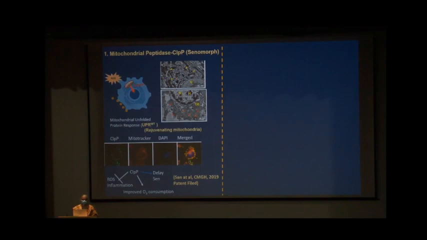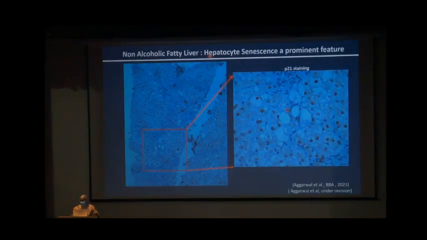We now have a stable cell line, and if you treat it with hydrogen peroxide or palmitate, you will find that the oxidative stress is less, there's less inflammation, and there is improved oxygen consumption. So this indicated that although we could not reverse the senescence, since senescence and aging are inevitable, you can delay it or do it in a healthy way. This is one example of a peptidase as a xenomorph.